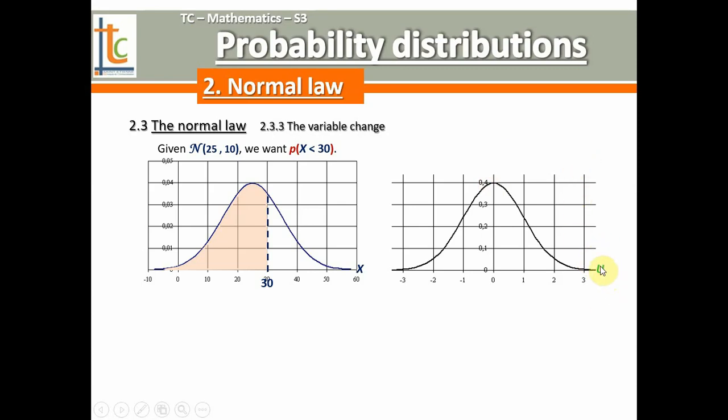By the way, you will find in many books z as this variable. So it can be named u or z. Sometimes this variable of N(0,1) is named t, but it's some kind of mistake because t refers to the Student distribution, and we don't have to make any confusion between a normal and a Student distribution.